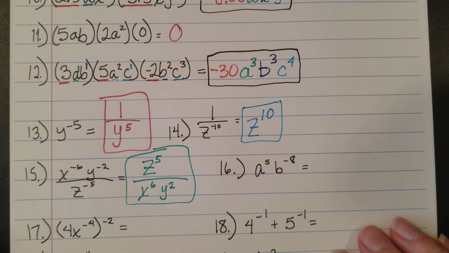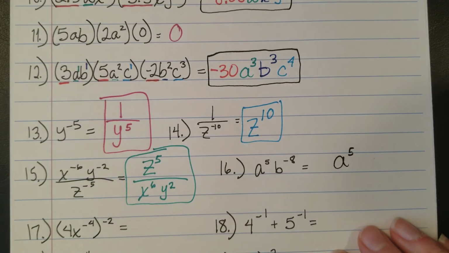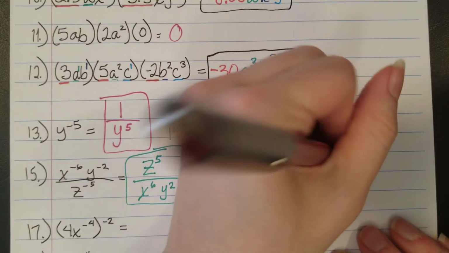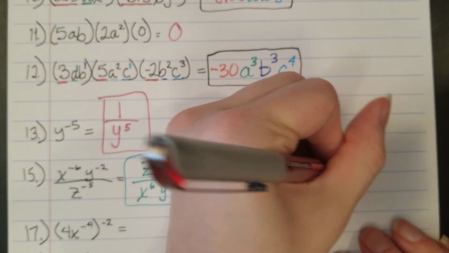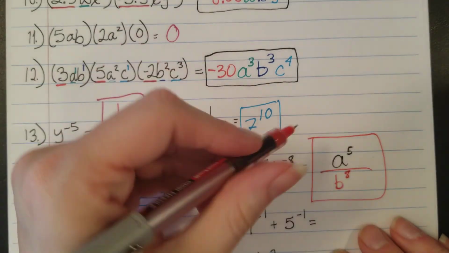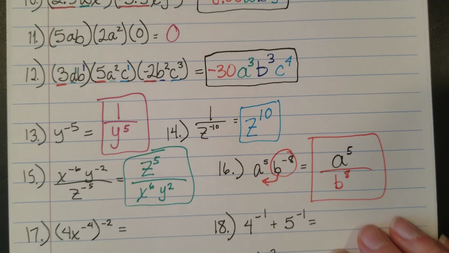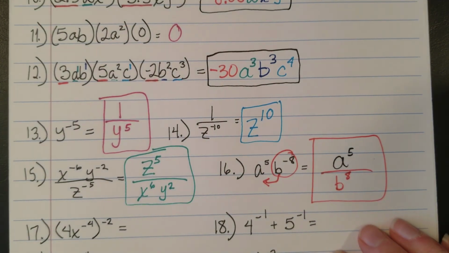All right, so one of our variables has a negative exponent, so the one that has the negative exponent is just going to move to the denominator. So a to the 5th is going to be the numerator, and then b to the 8th is the denominator. So basically we took this and we put it under there, and that got rid of the negative in the exponent.